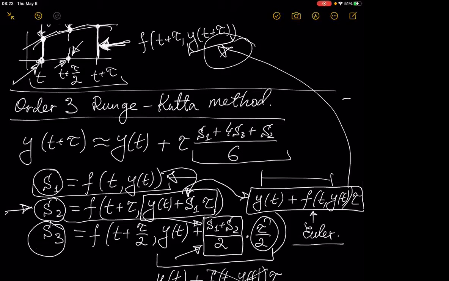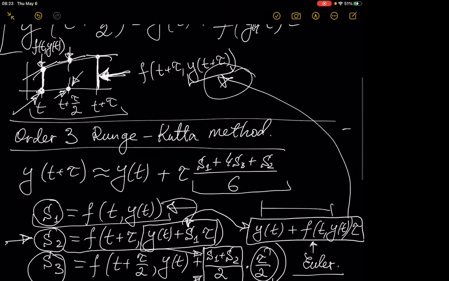Then you have three points, and you can use the Simpson rule in order to integrate your function on this interval of time from t to t plus tau. Is it clear or not what is going on?